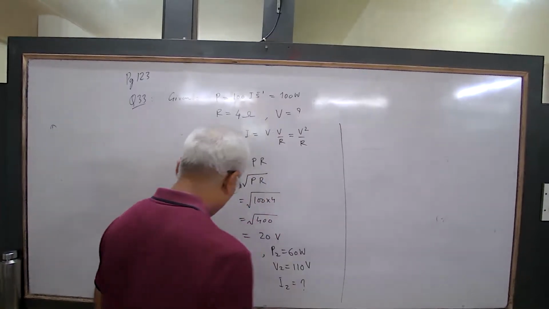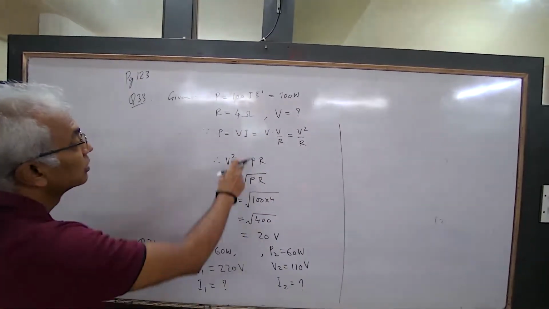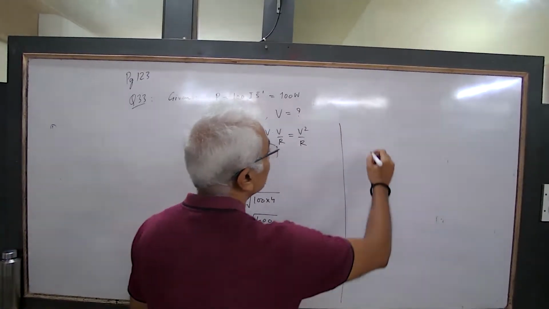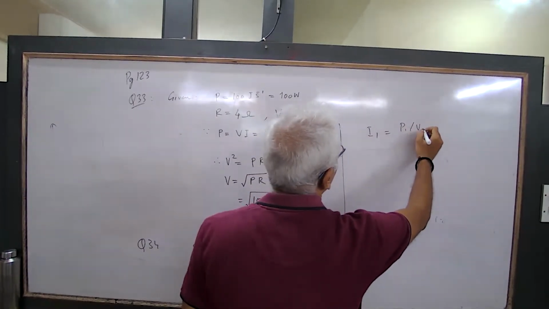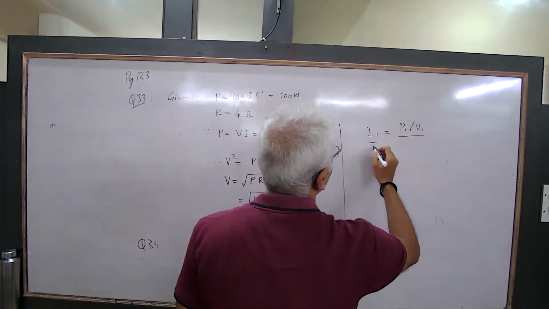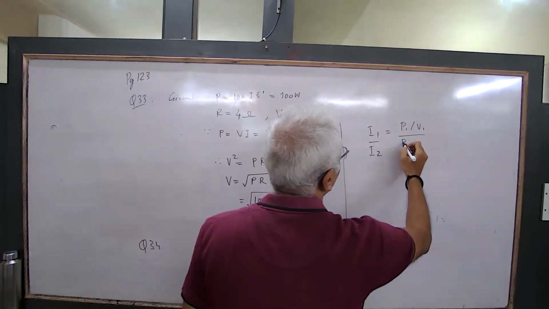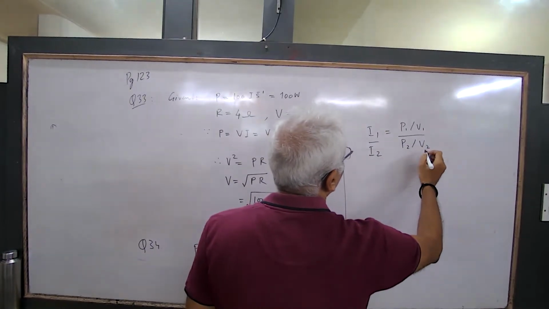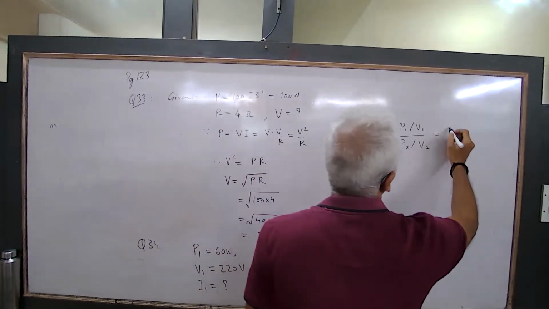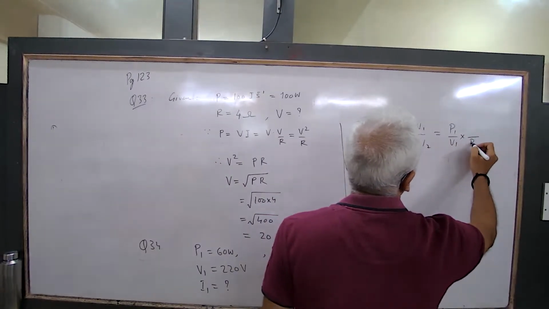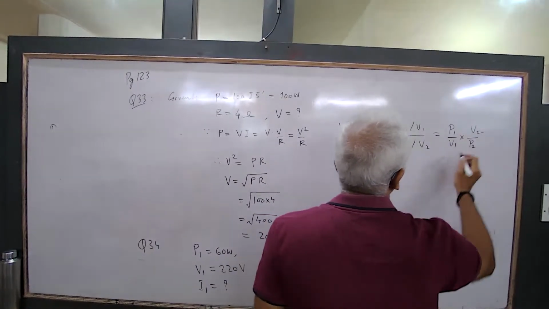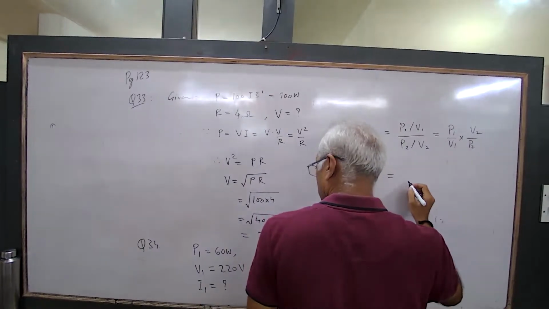Okay. What will be current? V by V. So I1 is equal to what is it? Yes, substitute 1.